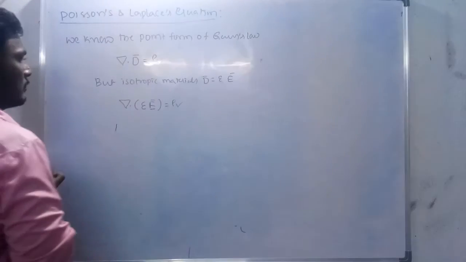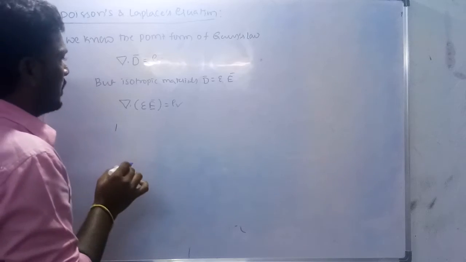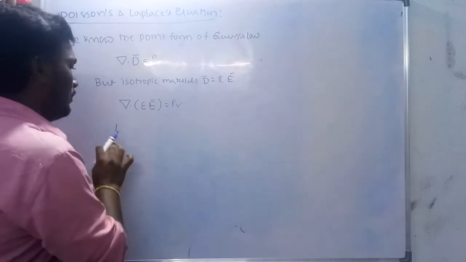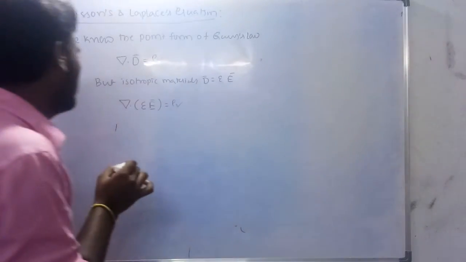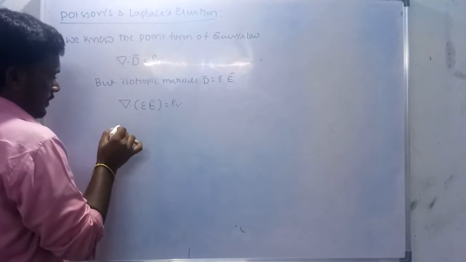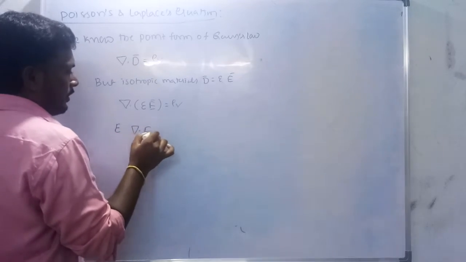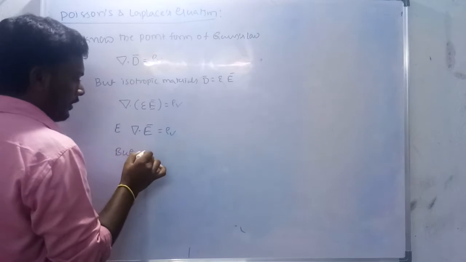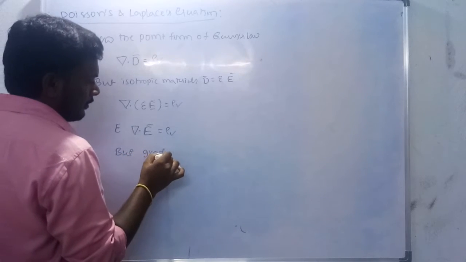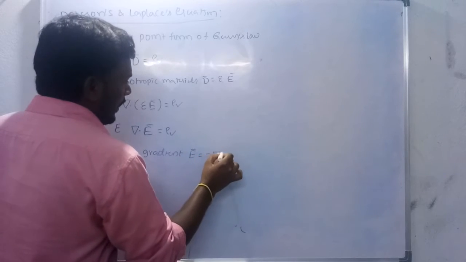Now from the gradient relation, take out this epsilon as common. So del dot E bar is equal to rho v by epsilon, but the gradient relation says E bar is equal to minus del V.